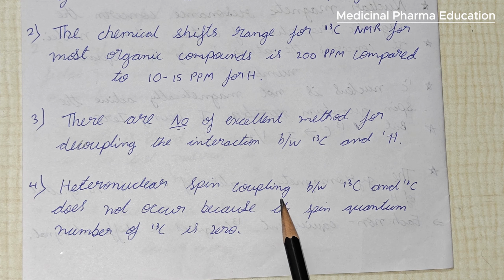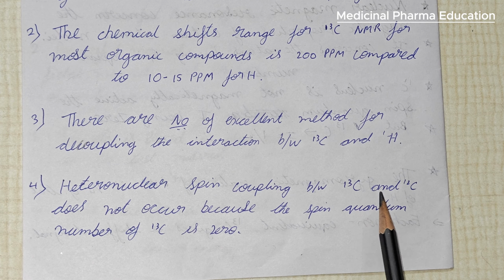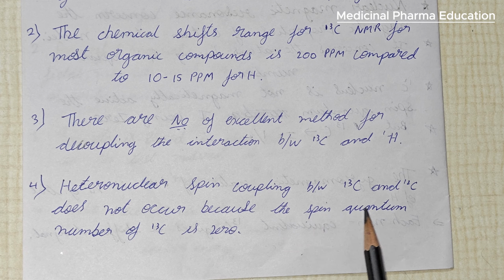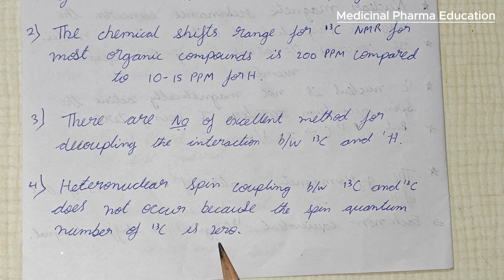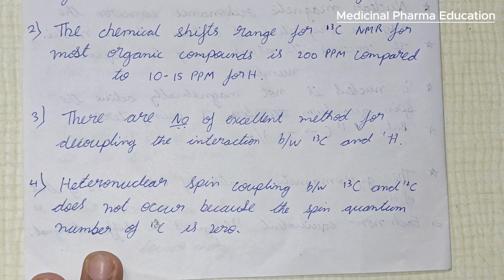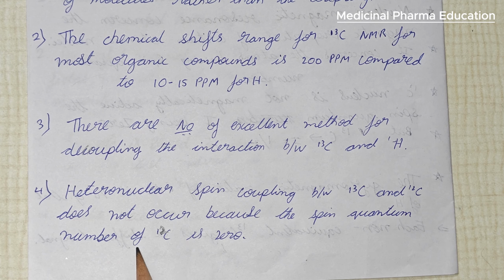Heteronuclear spin coupling between C13 carbon and 12C carbon does not occur because the spin quantum number of C12 is 0. See here, this C12 carbon does not have any spin and C13 has the spin.